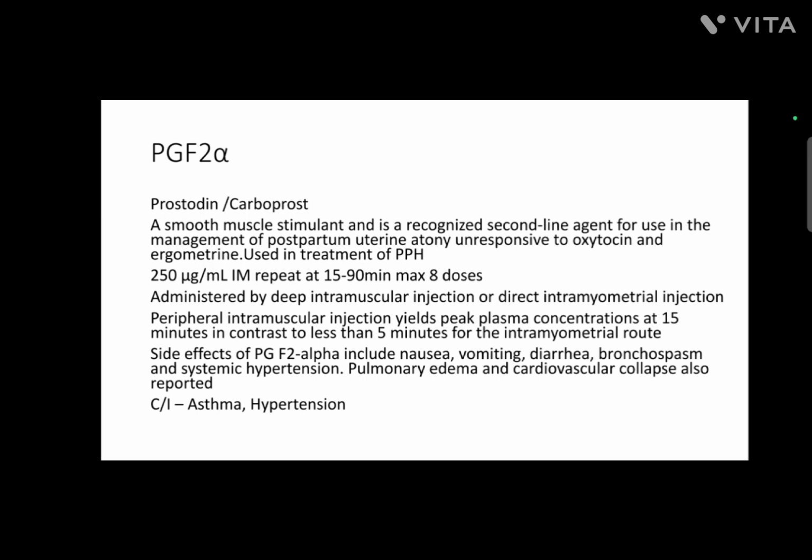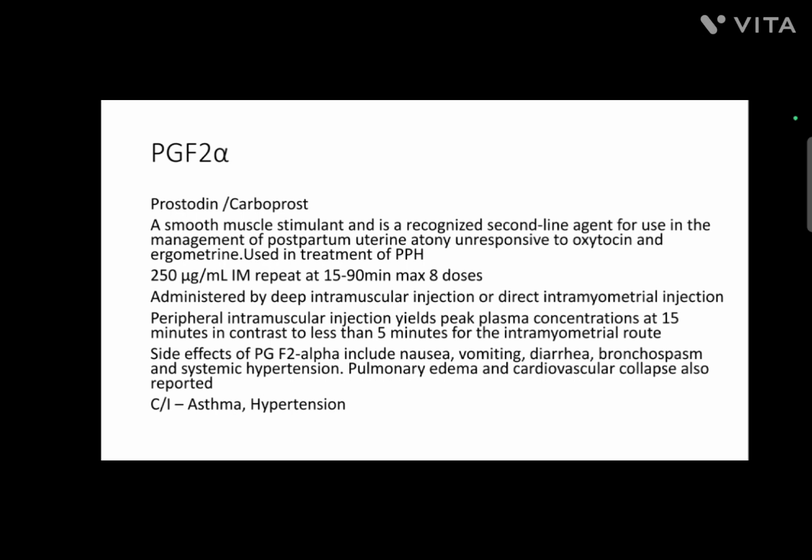Carboprost, yes, we use it in clinical practice as well. What is carboprost? It is a prostaglandin F2 alpha. Whenever you are answering, you have to answer like this: it is a prostaglandin F2 alpha, which acts on the smooth muscles and causes their stimulation. It is particularly used in PPH, uterine atony, when oxytocin and ergometrine are unresponsive.